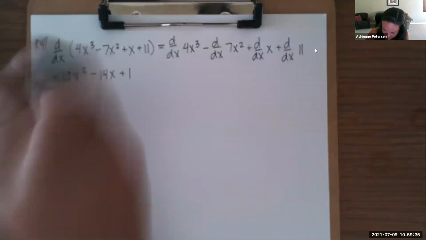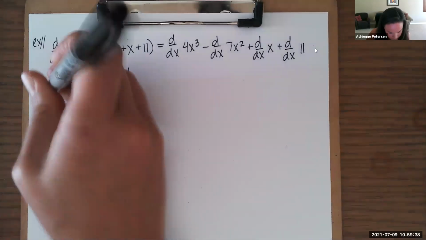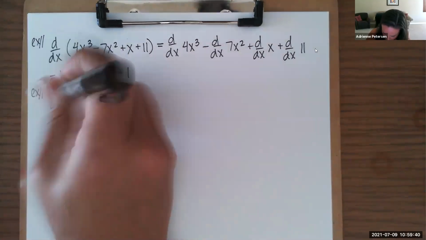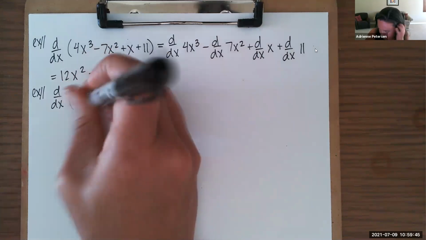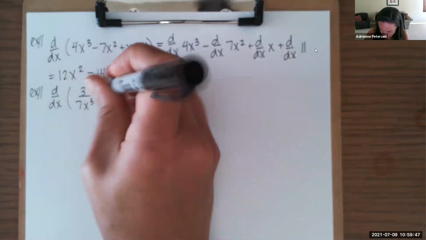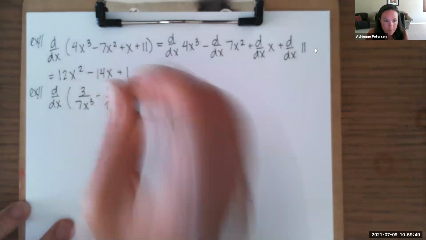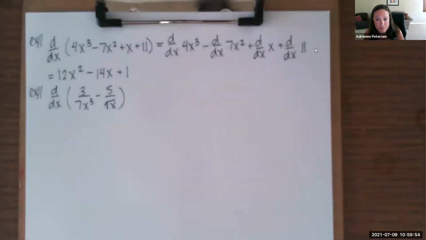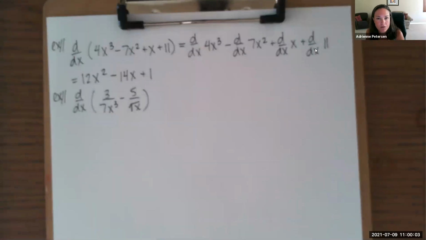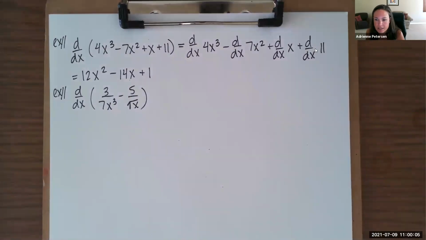Let's do a couple more. Sorry, got out of focus here. Somebody asked, it wouldn't be negative 2x minus 7.